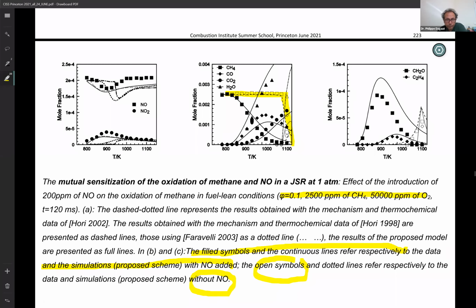I was looking for the concentration of NO. So we introduce here 200 ppm of NO. This sensitization is strong when you introduce small quantities of NO. If you were using very high concentration of NO, then the behavior would be different because there would be some additional reactions playing a role and diminishing the impact of NO on the oxidation of the fuel.